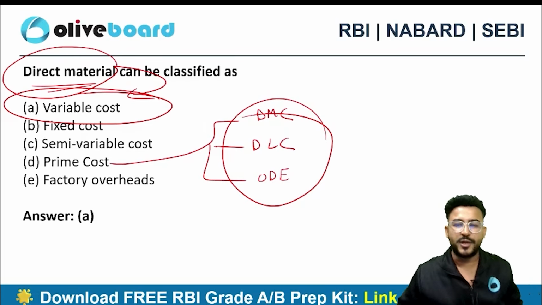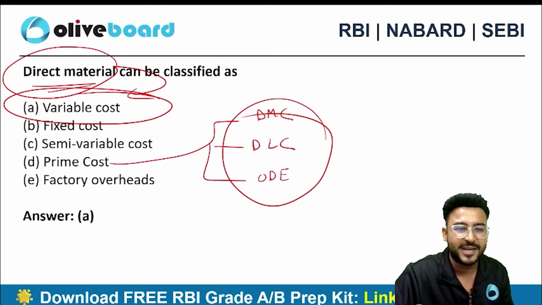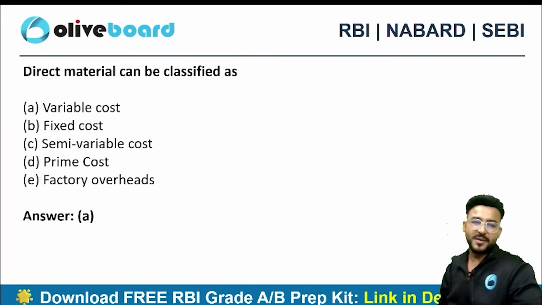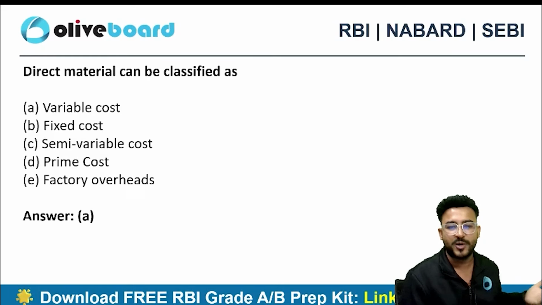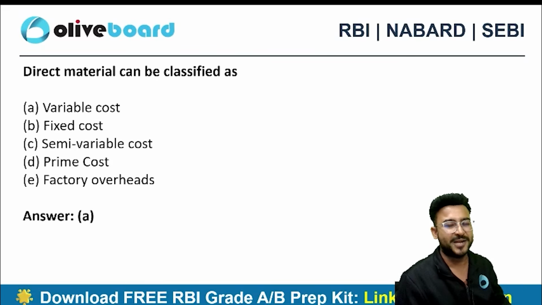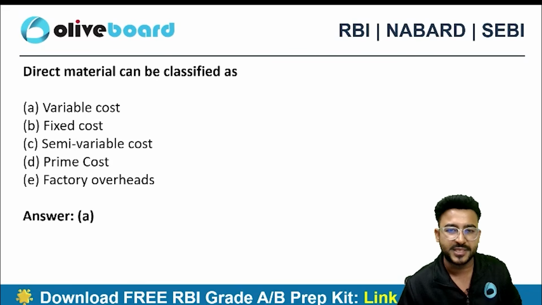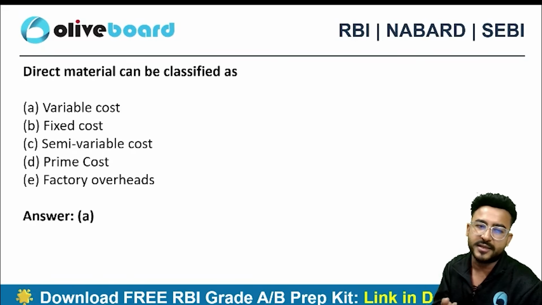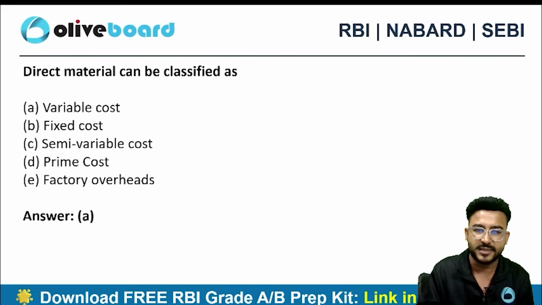Why? What is direct material? Let's suppose I'm manufacturing this pen. Yes, definitely it's a part of prime cost, but variable cost will be more specific here. Or maybe they are not giving you prime cost in the options in the examination, because this makes the question contradictory in nature.